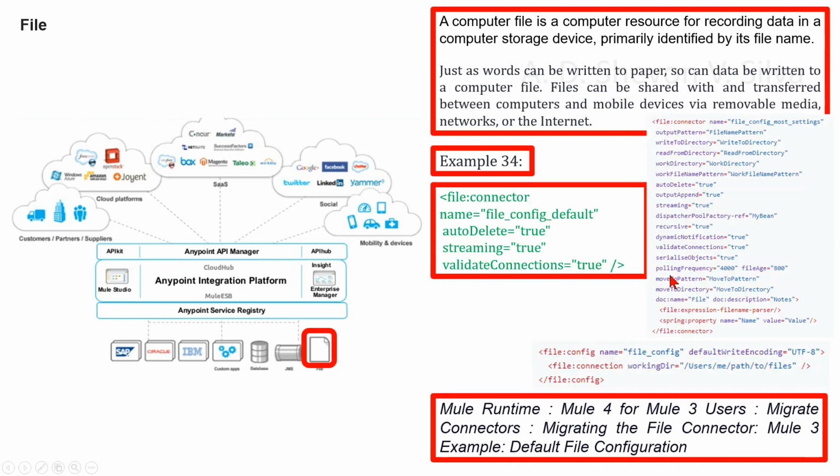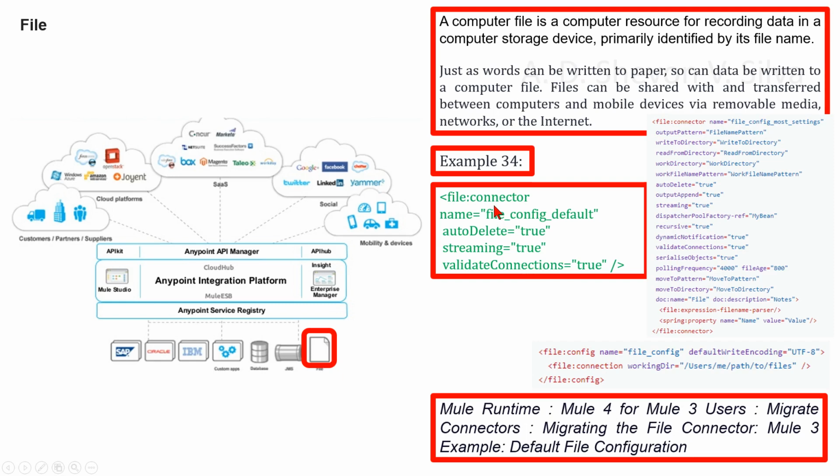Now we are considering migrating the file connector, in migrate connectors, in Mule 4 for Mule 3 users, in Mule runtime. In Mule 3, all transport configurations are set under the top level element called file:connector.